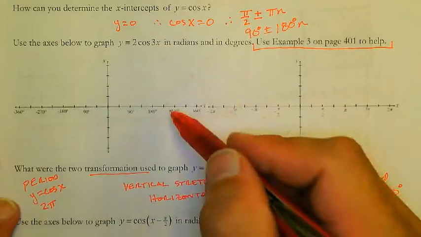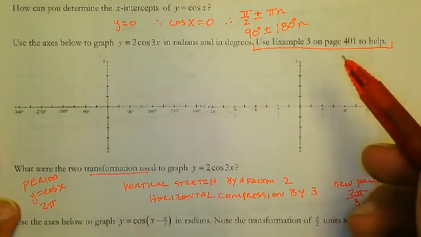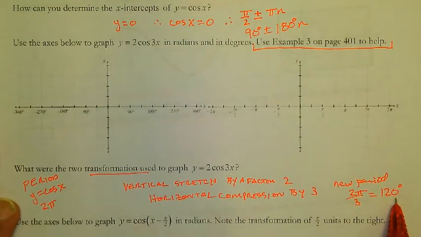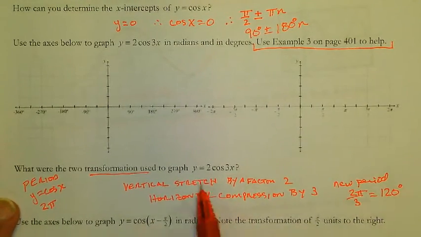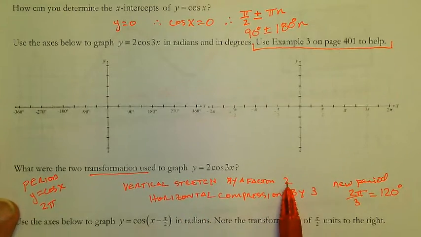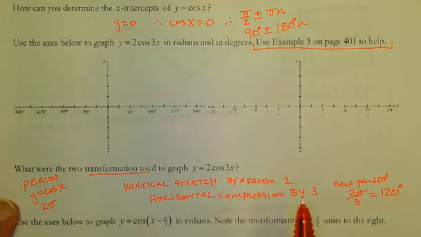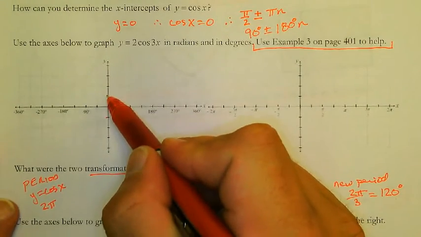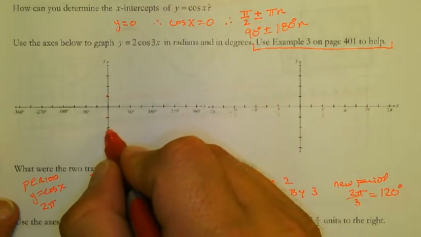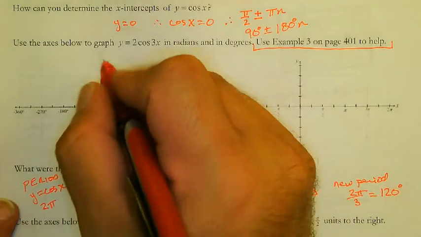So the time it's going to take to repeat myself is 120 degrees. Now the vertical stretch is telling me that instead of going from -1 to +1, my range is going to go from -2 to +2.